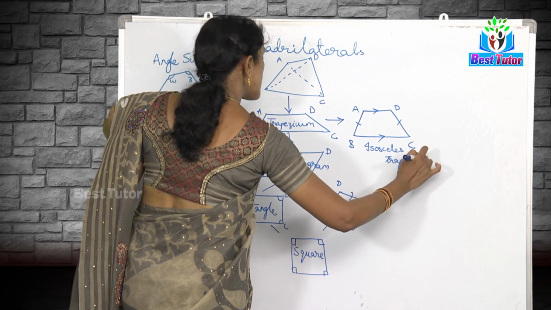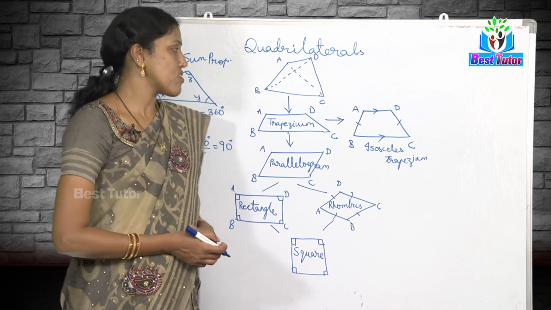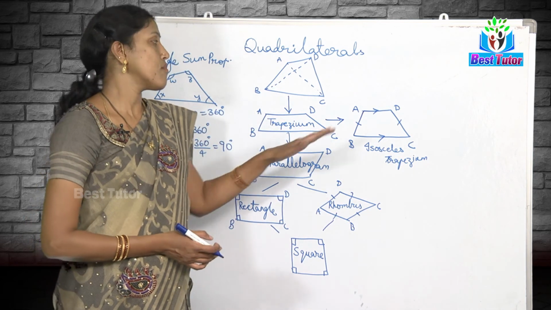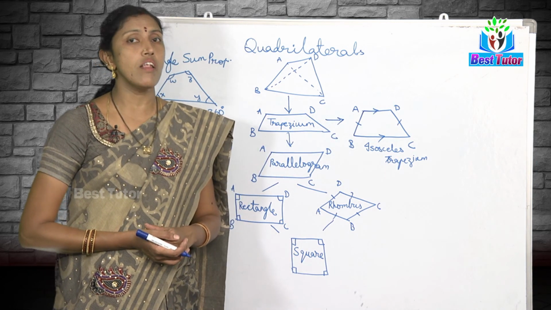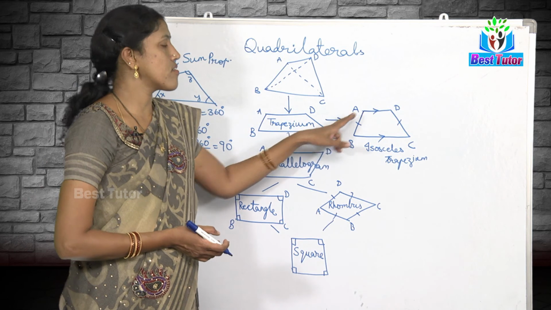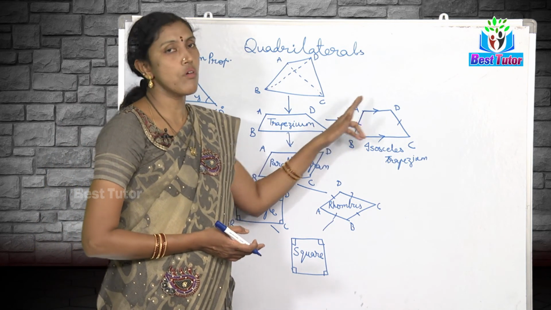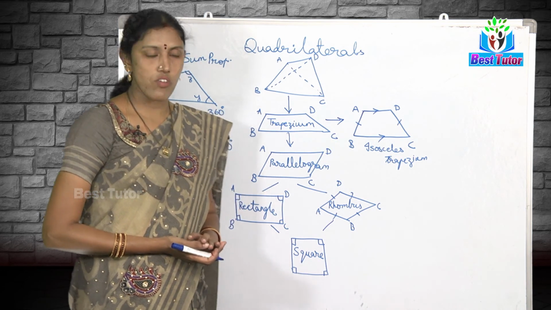The definition of isosceles trapezium is a trapezium in which non-parallel sides are equal in measure. Similarly, if you remember, a triangle in which any two sides are equal is called an isosceles triangle. This is a similar definition. A trapezium in which two non-parallel sides are equal is called an isosceles trapezium.